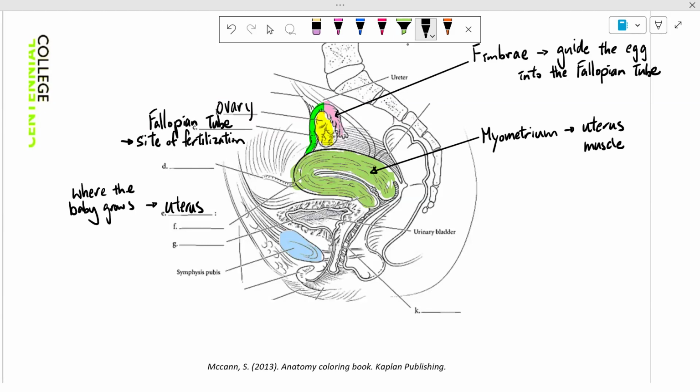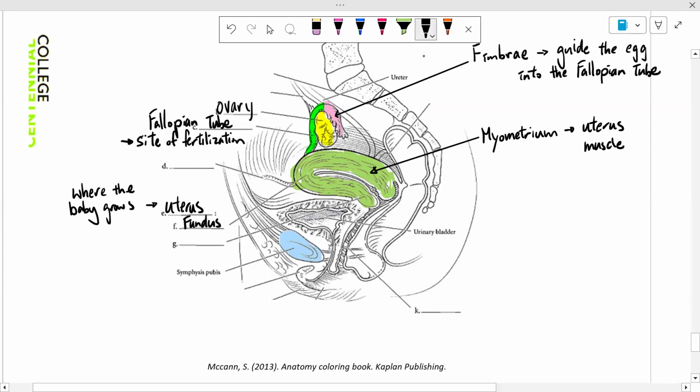That's the muscle that pushes the baby out during labor. This part of the uterus is called the fundus. It's kind of like the deepest portion of the uterus.